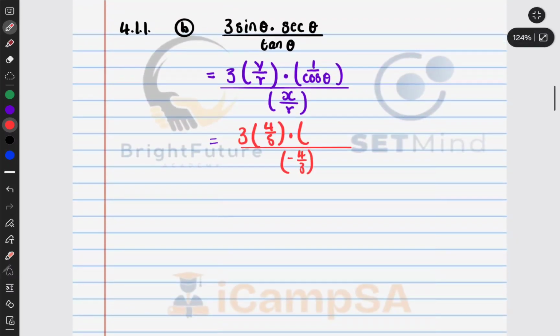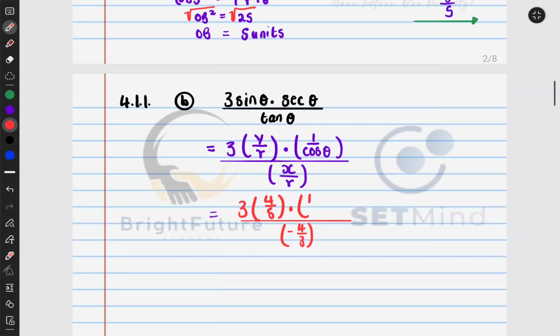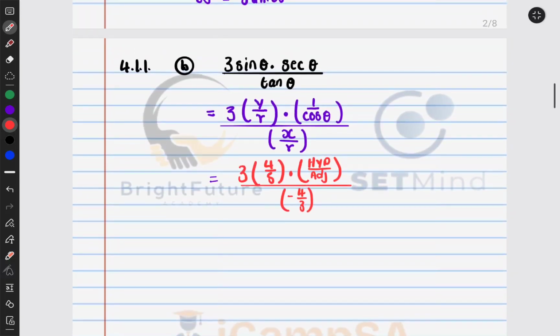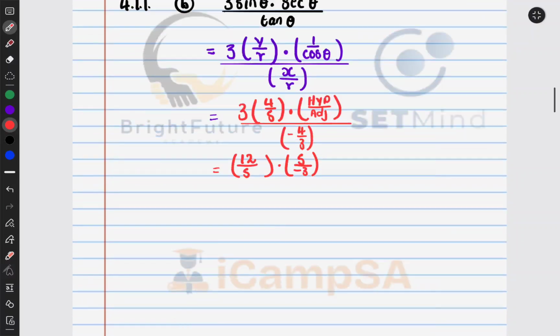So sec theta is hypotenuse over the adjacent side, and this is equal to 3 multiplied by 4 over 5. That will be 12 over 5 into, what is the hypotenuse? It's 5. The adjacent is -3. Double check. Yes, it is.